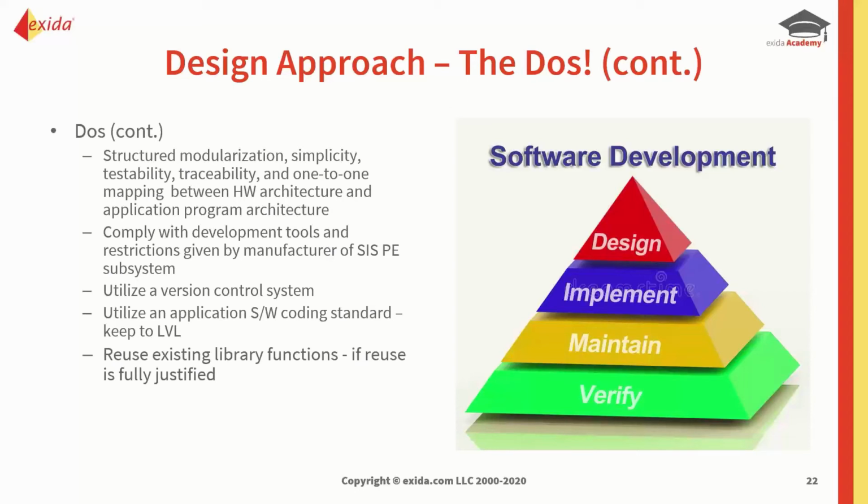Obviously, if we've done projects before where it's a similar application and we can justify it, we can reuse some of those existing library functions. Again, it saves time. It prevents possible systematic faults, because we know this has worked before and we're using it again. We're not reinventing the wheel. So here again, the approach to the application has to be structured.